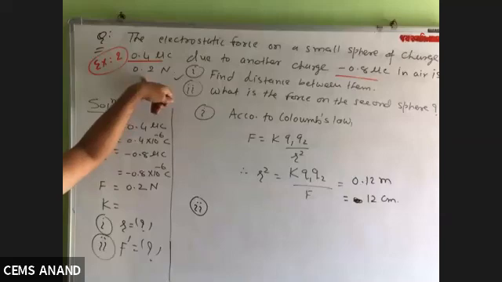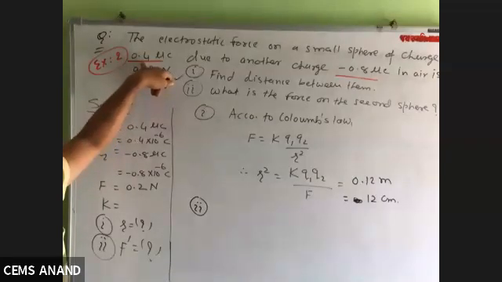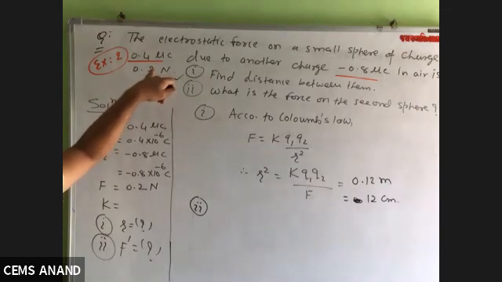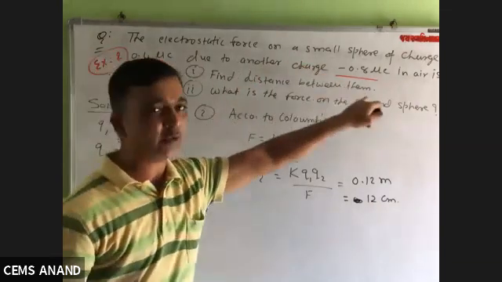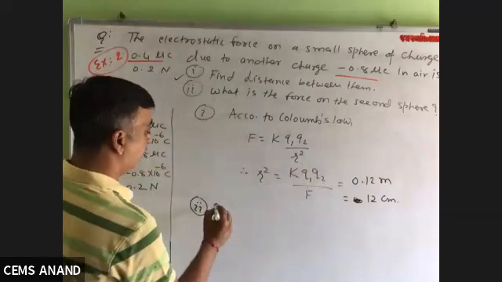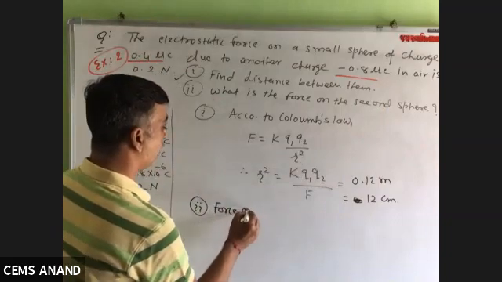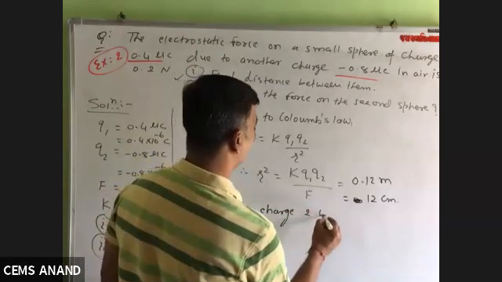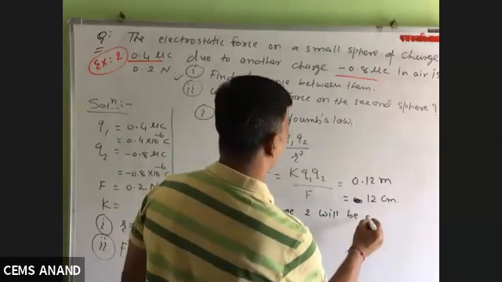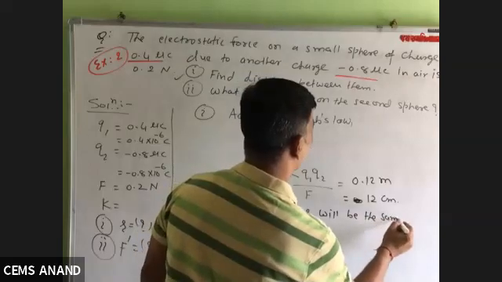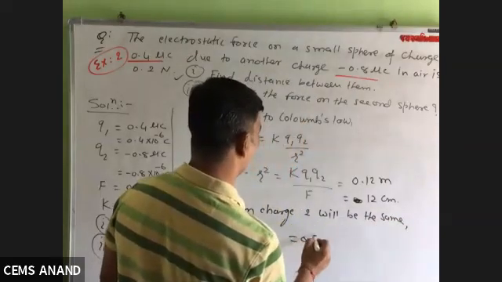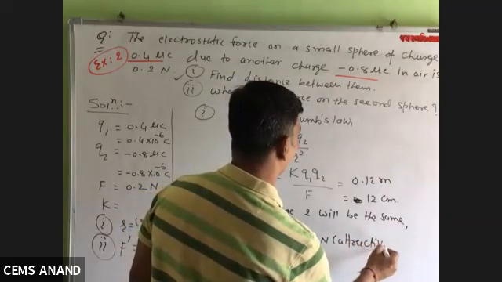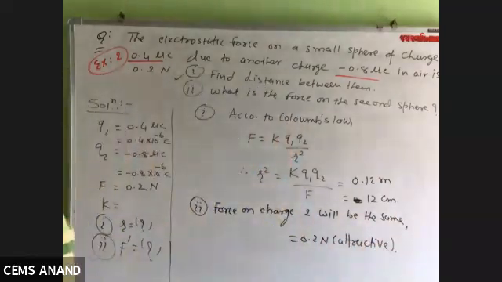So whatever amount of force is generated on the first charge by the second, the equal force will be generated by 1 on 2 as well. So the force on charge 2 will be the same, that is 0.2 Newton attractive. Okay.